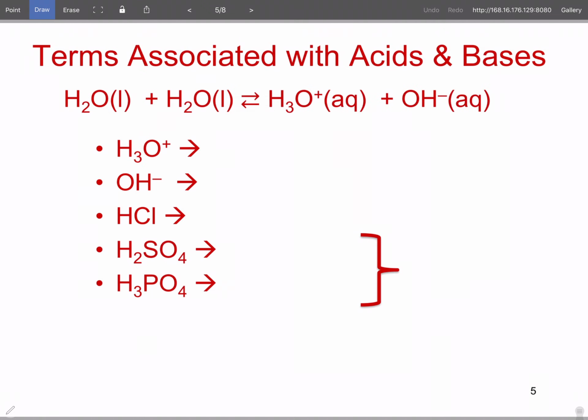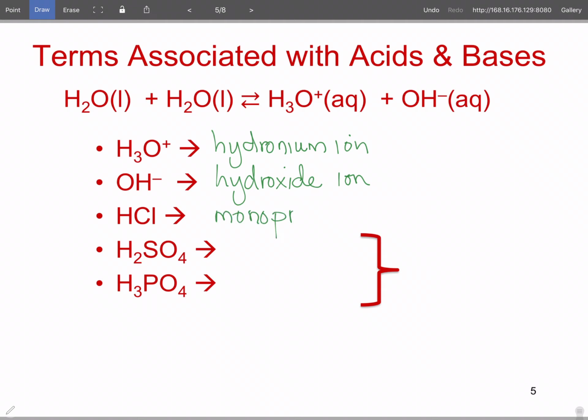So terms associated with acids and bases. H3O plus is your hydronium ion. So if I say there's a hydronium ion, that means there's an acid. OH minus is the hydroxide ion, which you've already learned in your common ion species. HCl is an acid, but it's what's called a monoprotic. Mono meaning one, so it only has one proton. H2SO4, sulfuric acid, is a diprotic because it has 2.